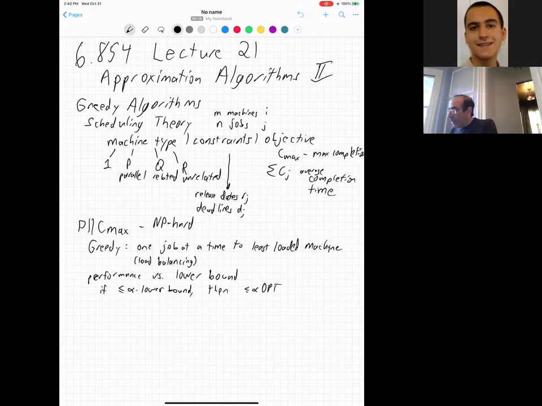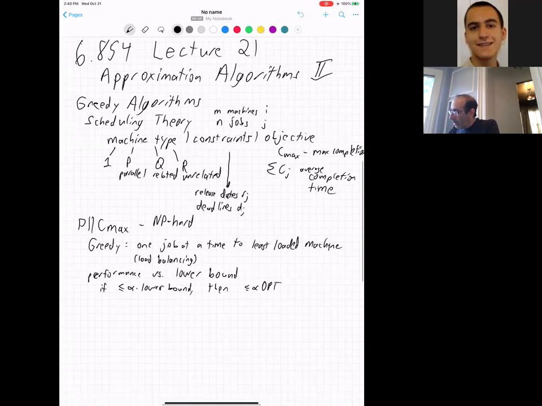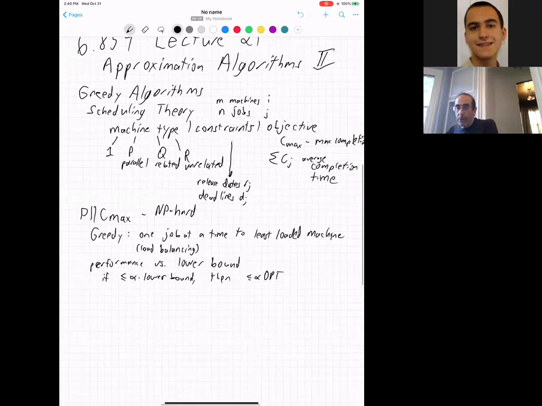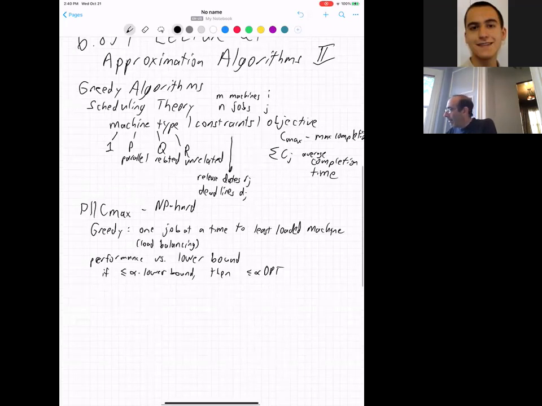So we started talking about suitable lower bounds for our process when we're given our set of processing times pj. Okay, so what lower bound did we have last time?